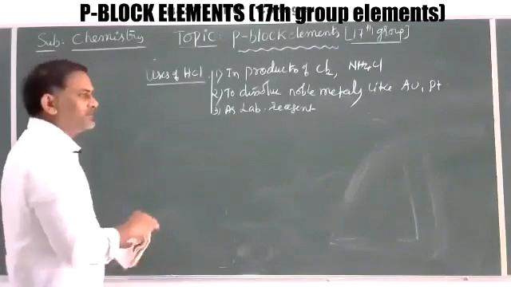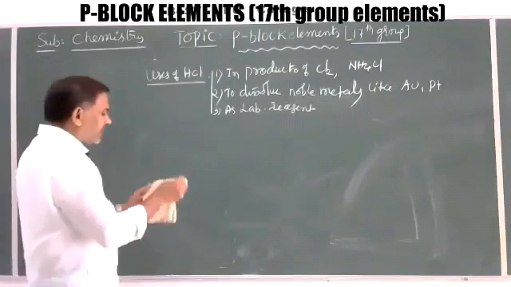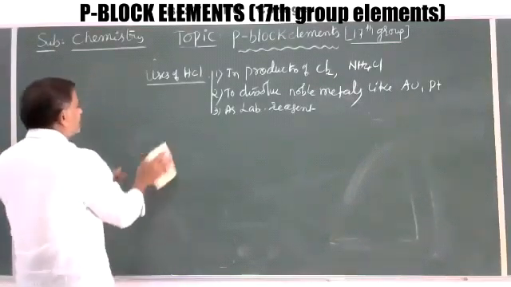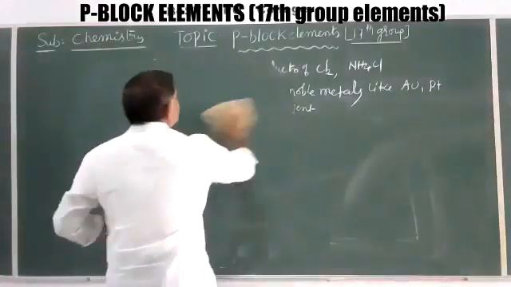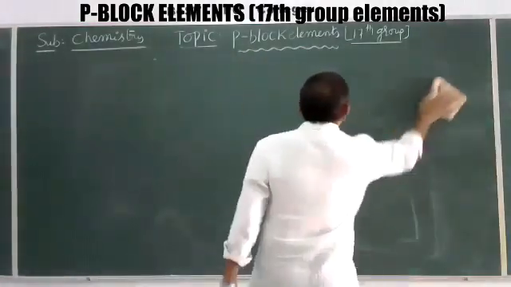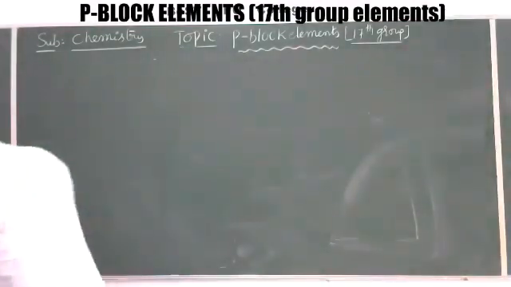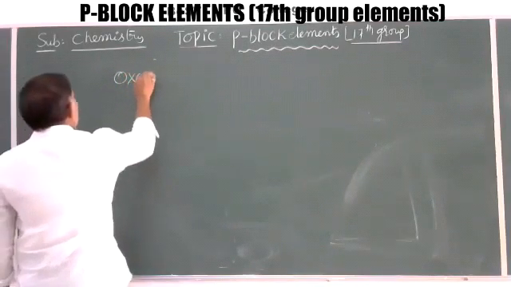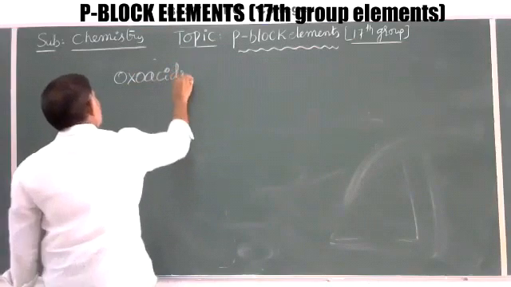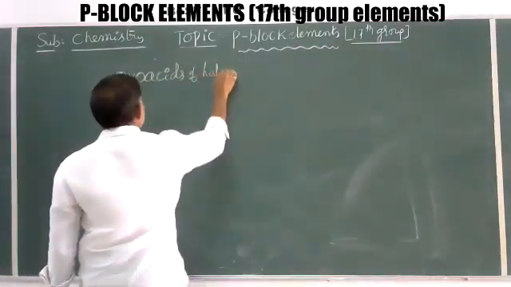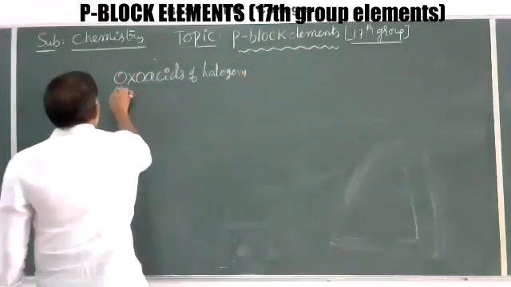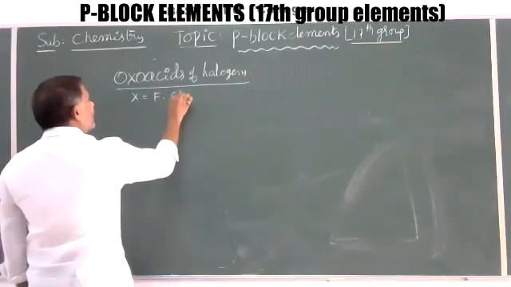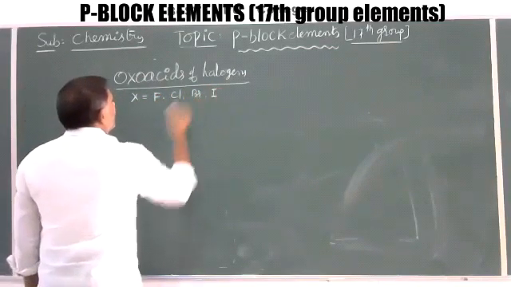The last but one concept is oxo acids of halogens. The halogens, as we know, are fluorine, chlorine, bromine and iodine.